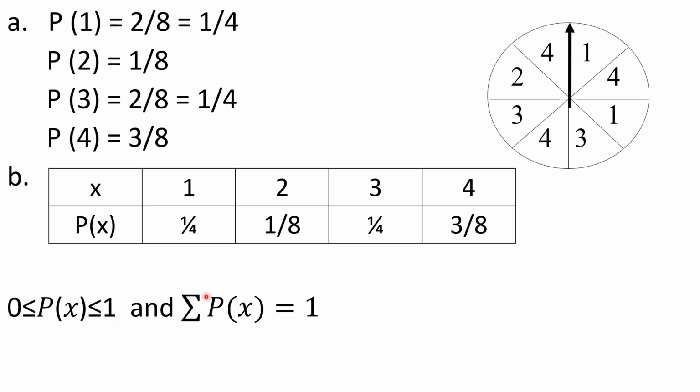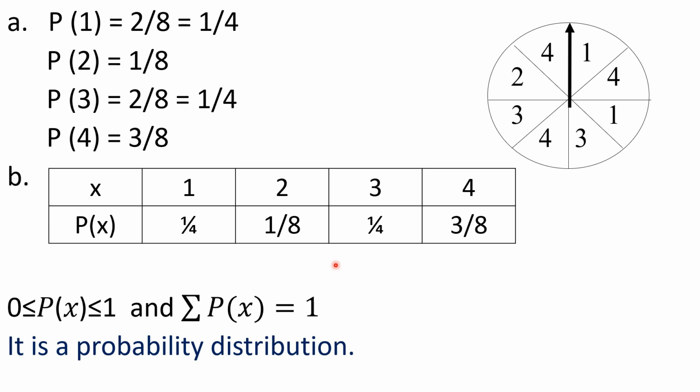Check. For the second condition, the sum total of all p of x values must be equal to 1. If we add these 4 p of x values, you'll see that they are exactly equal to 1. Therefore, the second condition is also met. Both conditions are met, and therefore, it is a probability distribution.